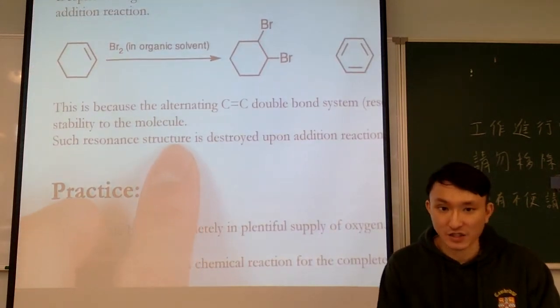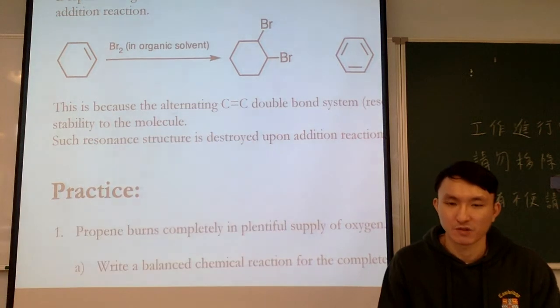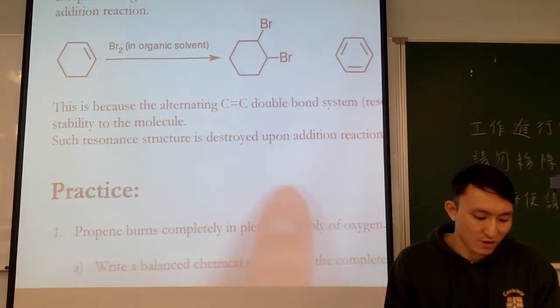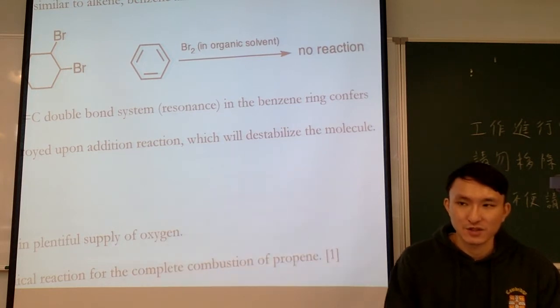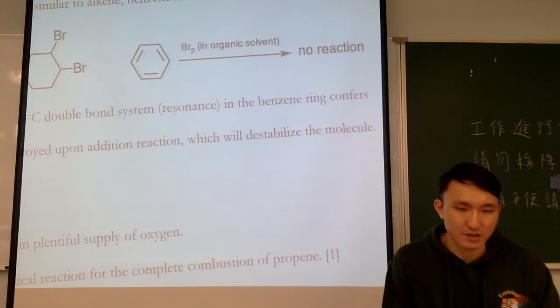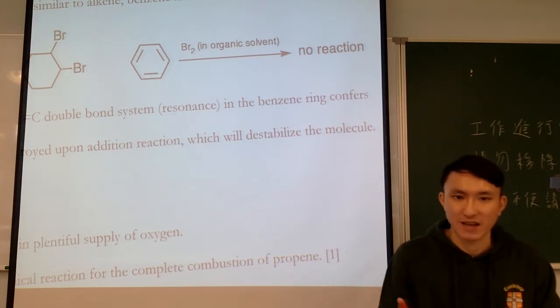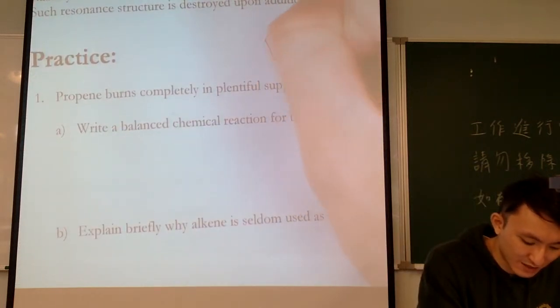If it undergoes addition reaction, then this alternating CC double bond system will no longer exist. So at the end of the day, you will destabilize the molecule. A molecule or any chemical doesn't want to be destabilized, so they will be resistant to addition reaction. Think about if addition reaction does take place.